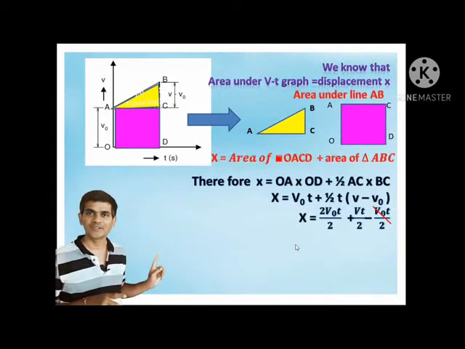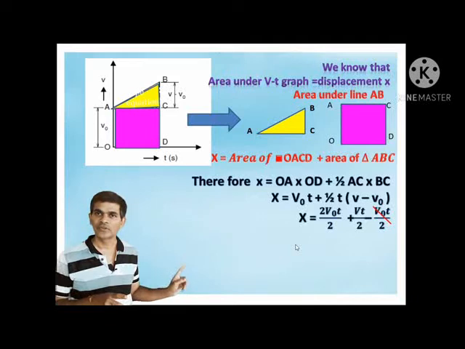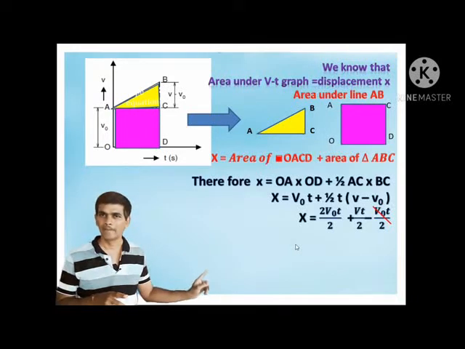Next I get the equation: x is equal to 2 v naught t by 2 plus vt by 2 minus v naught t by 2.